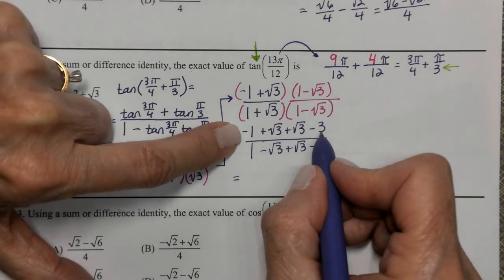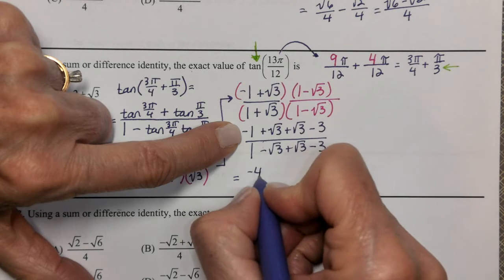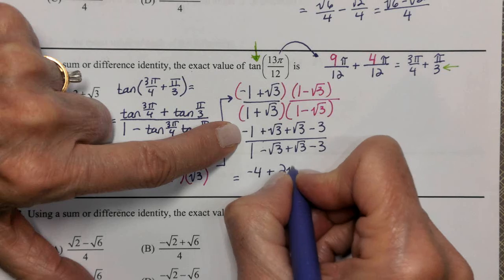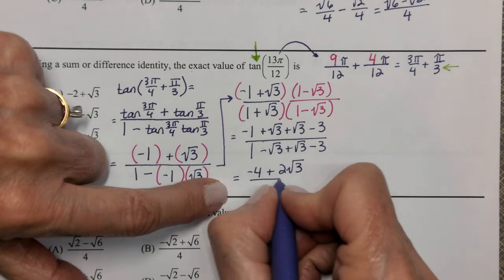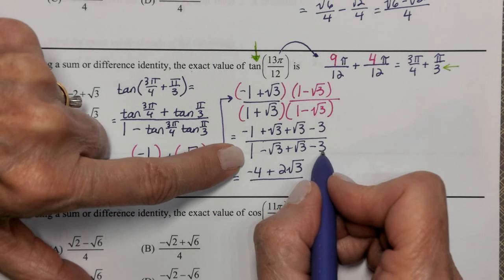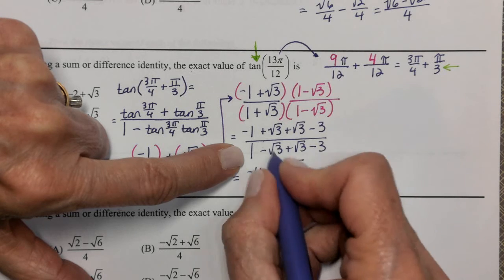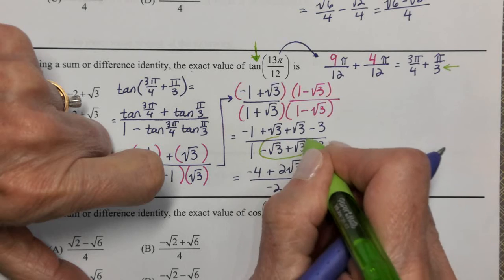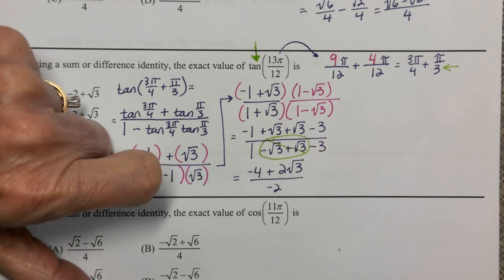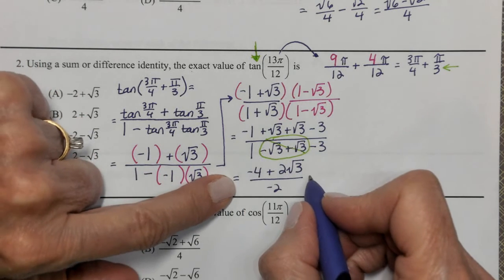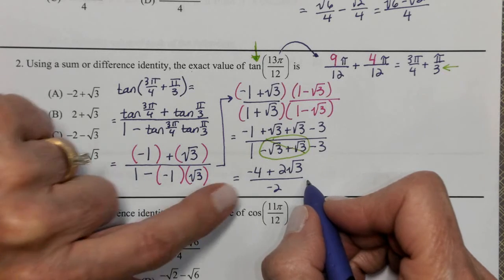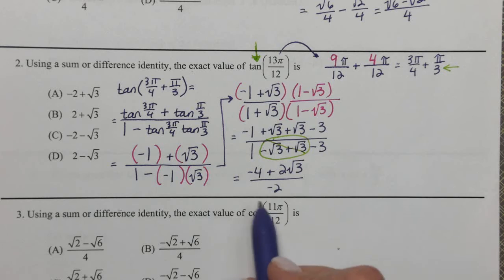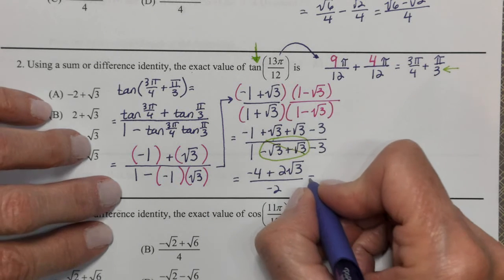In the numerator, we have negative 4. We have 2 square root of 3's, so 2 square root 3, divided by negative 2, and then the middle term, this will always cancel out because of the conjugates. Okay, so we have this. We're almost to one of our choices. I see that I have a common 2 in the numerator, and I have this 2 in the denominator, so I'm going to reduce that.